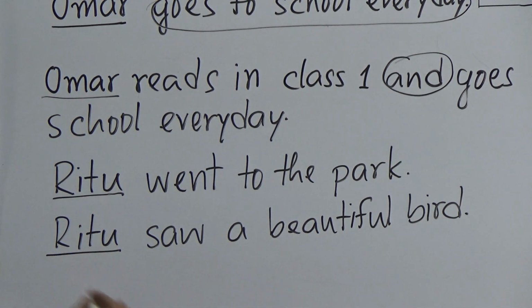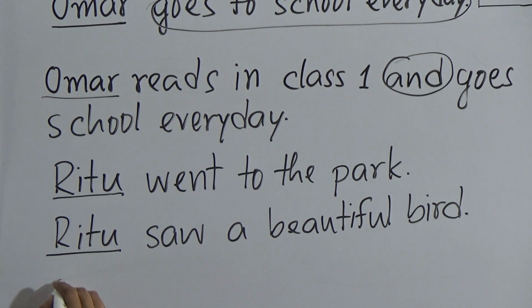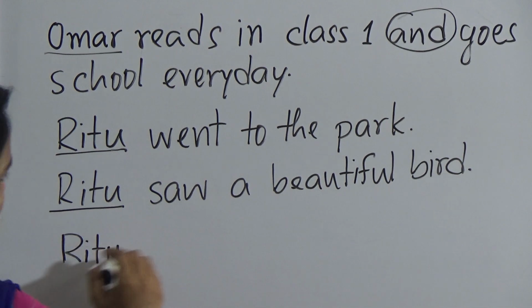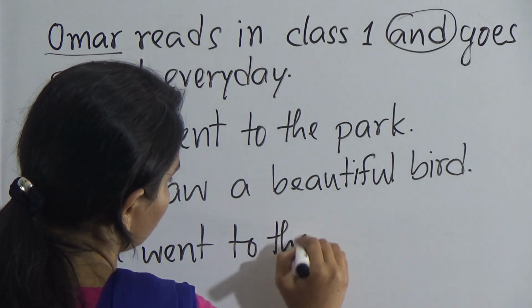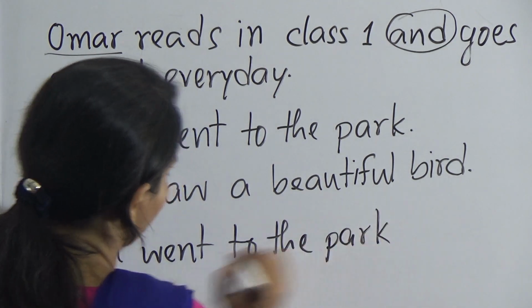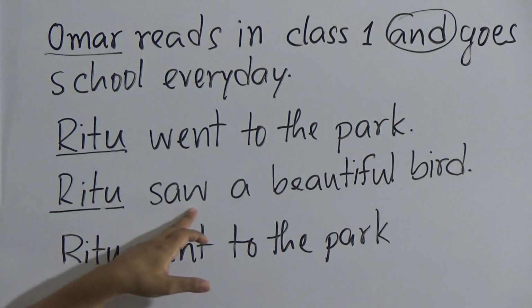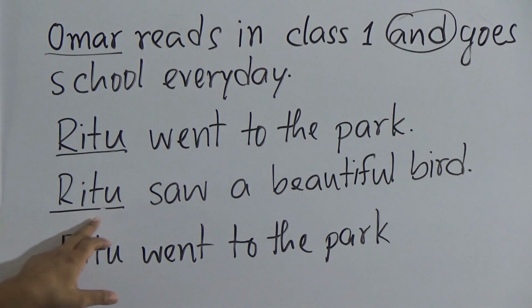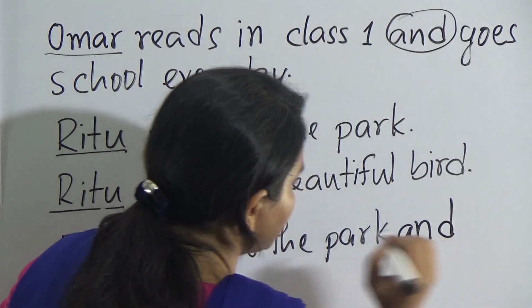And how could you join this? At first we will write the full sentence. And our subject is Ritu, that means we are talking about Ritu. Ritu went to the park. And then another sentence starts. Ritu saw a beautiful bird. So we are talking about Ritu in both sentences, so we will not write Ritu again, and now we will write and, that means we are going to join the sentences.